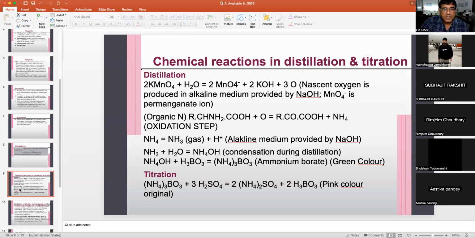Then the reactions, friends. These reactions are very, very important. If you write an answer to any question just in text, but it is supported by chemical reactions, you will always fetch more marks. I suggest that in the first exercise as well as in this exercise, you have a number of equations. Try to practice them on rough paper. Take 2-3 plain papers, write and correct yourself, and learn these reactions.